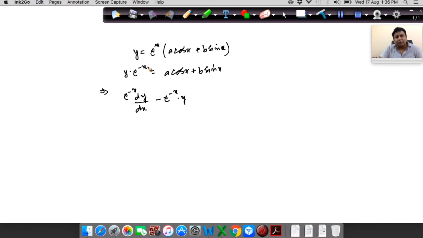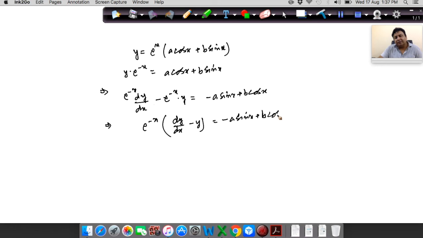Now e to the power minus x differentiated and y as it is, equals minus a sin x plus b cos x. So you see, e to the power minus x is common, and I am left with dy by dx minus y equals minus a sin x plus b cos x. I think it's already talking to you now.